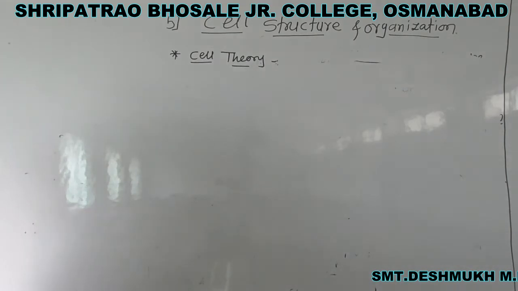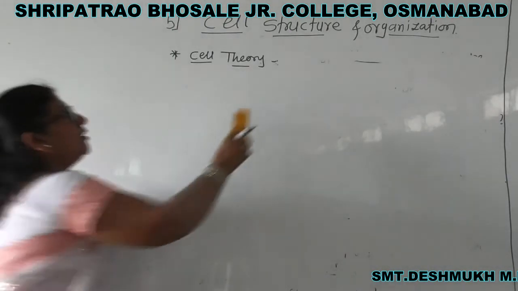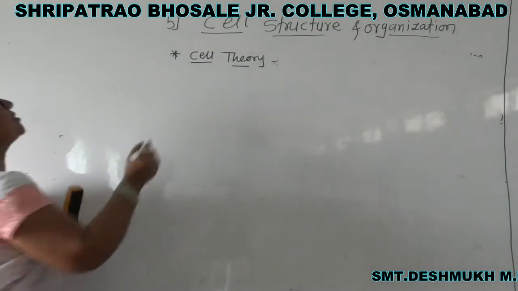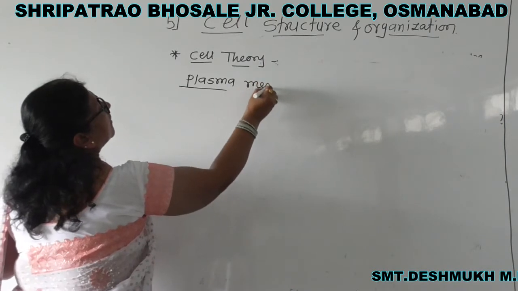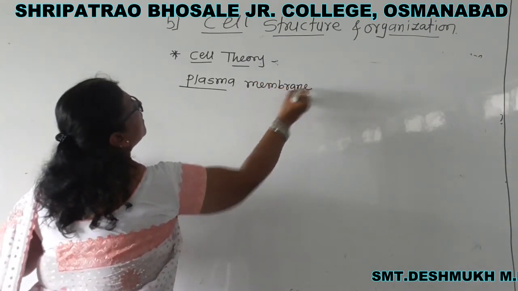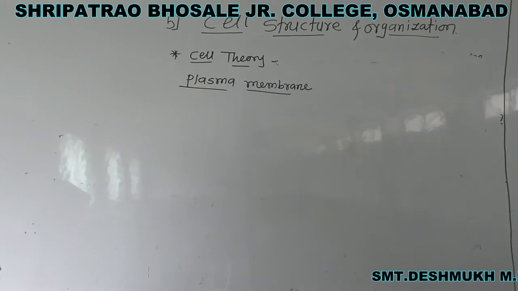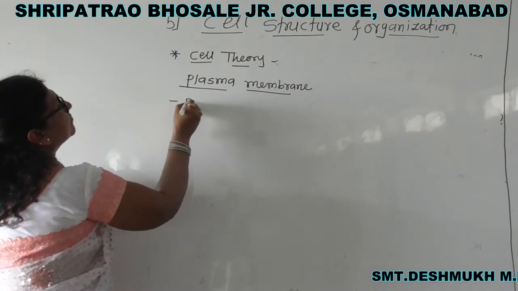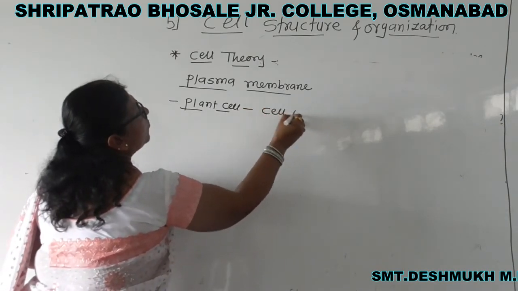The cells had a thin outer layer, which is called the plasma membrane, or also called the cell membrane. Plant cells have a cell wall.